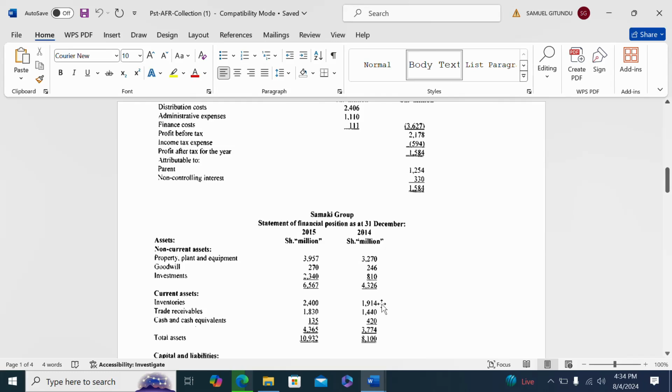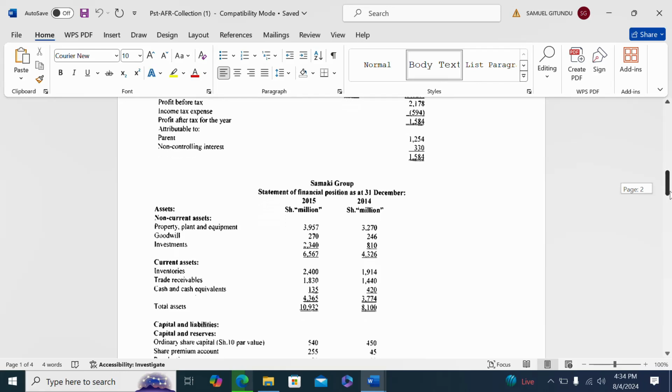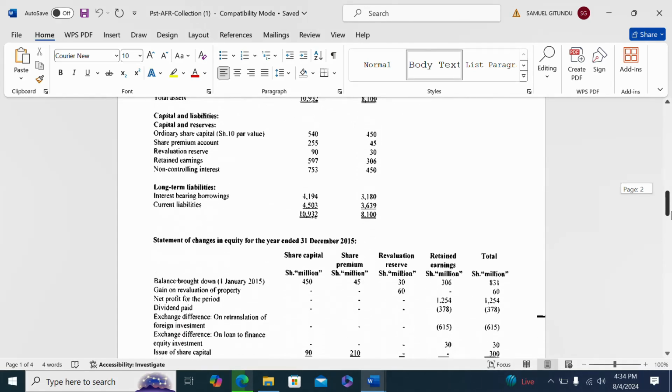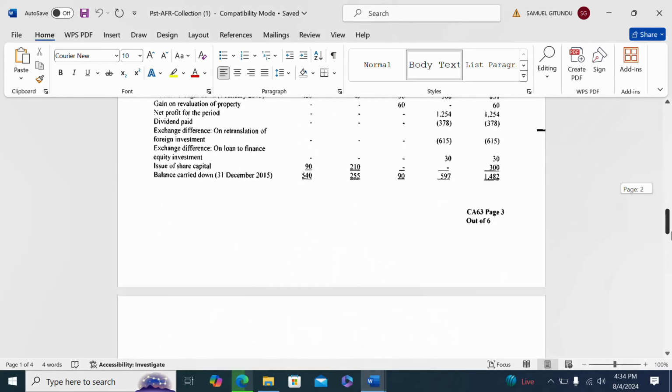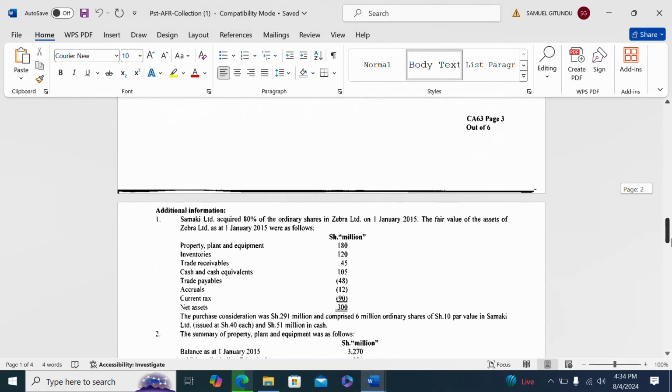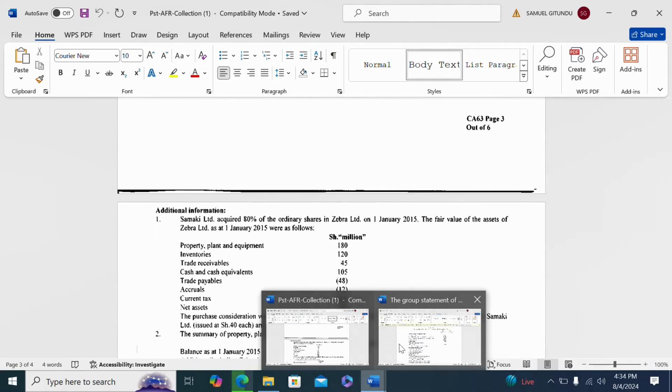But remember, we acquired a subsidiary called Zebra Limited on 1st January 2015. So we also need to deduct the inventories that came with that subsidiary, which is 120 million.